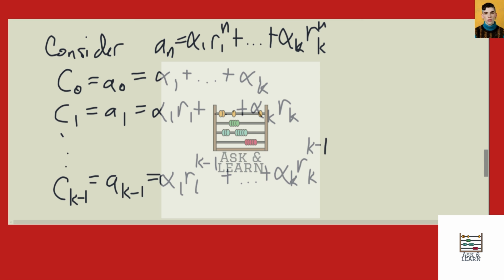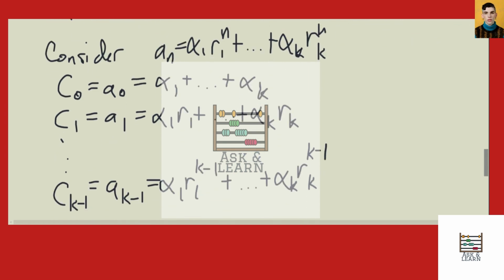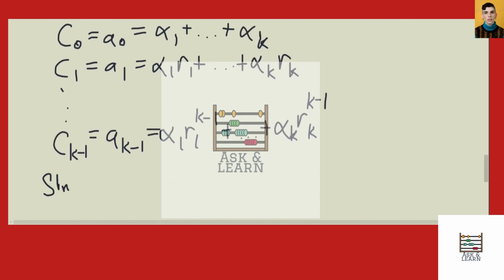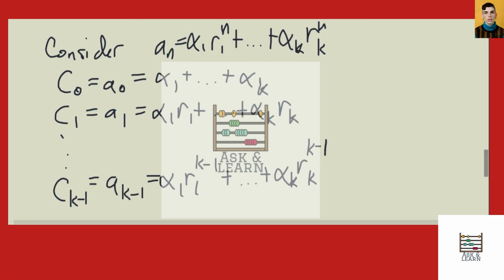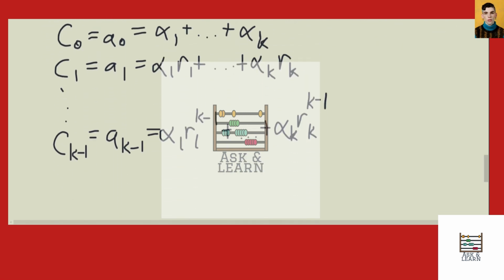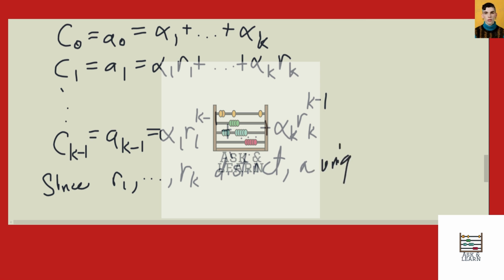And so we have that the sequence satisfies the initial conditions if the previous k equations here hold and a unique solution for alpha 1 through alpha k exists. But this is true since r1 through rk are distinct.